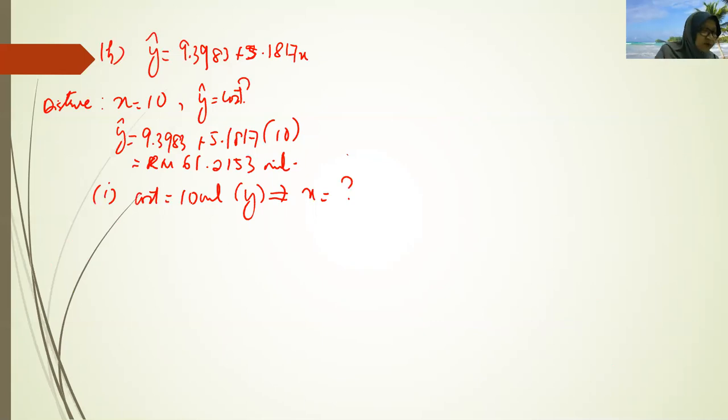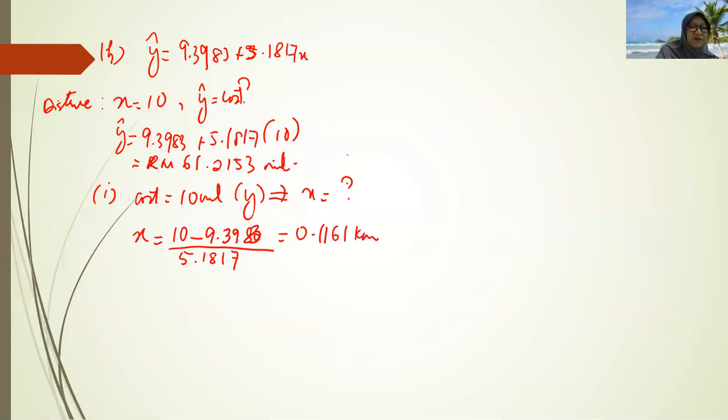So we substitute to find x when y equals 10. So x is equal to 10 minus 9.3983, divided by 5.1817, which will give you 0.1161.